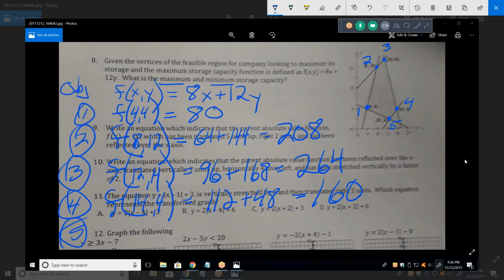F of what? 12, 2. 96 plus 24, 120. Now, tell me the minimum and the maximum.